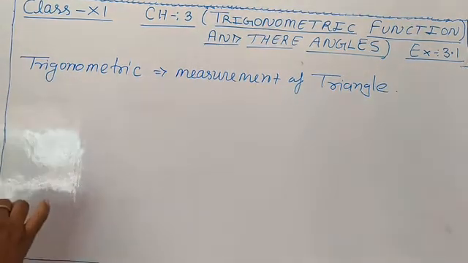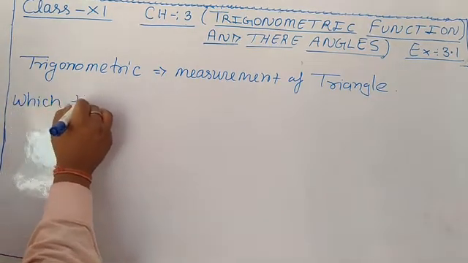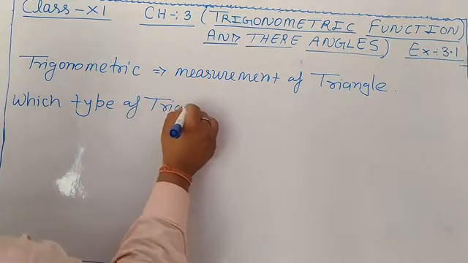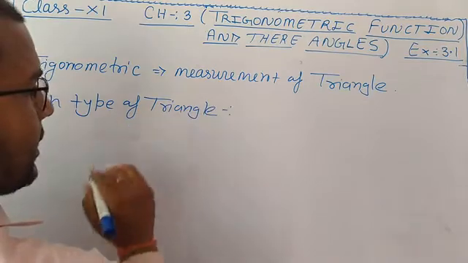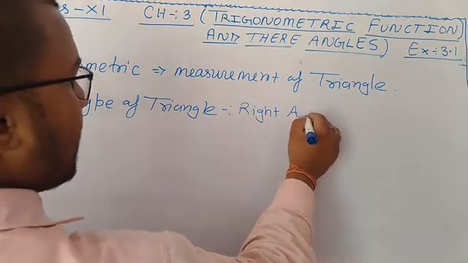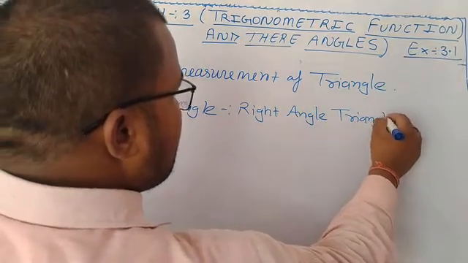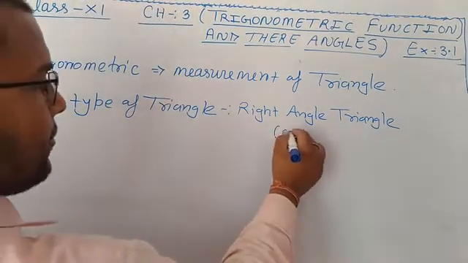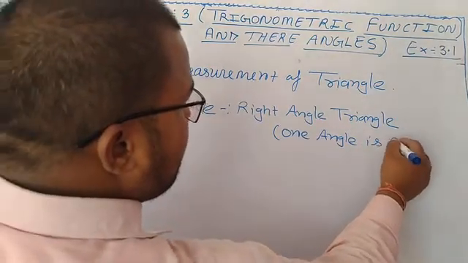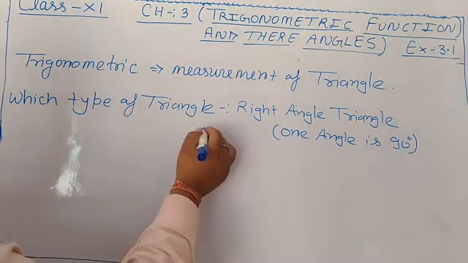The first question is, which type of triangle? A right angle triangle. A right angle triangle means one angle is 90 degrees.